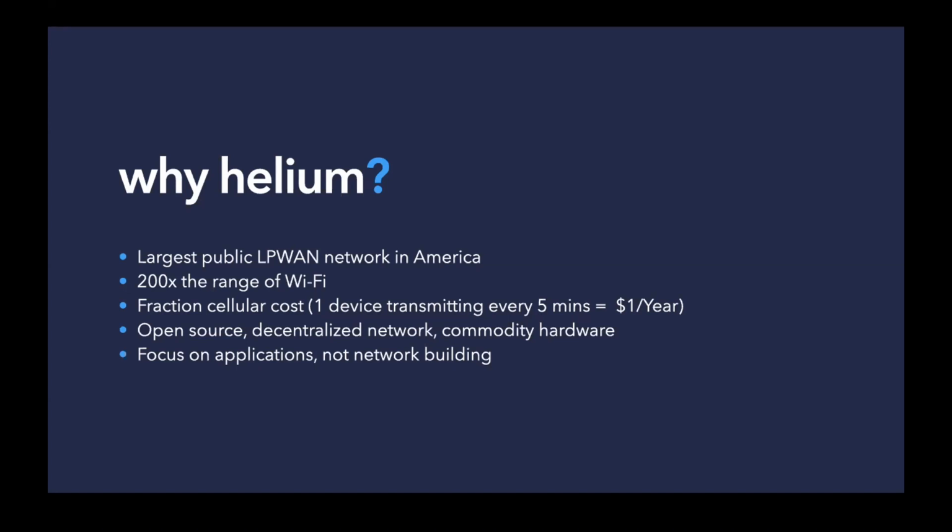There is no need also to buy SIM cards. And just to give you an idea, if you have a device that's transmitting every 5 minutes for 365 days of the year, at the end of that year, you'll only pay a little over $1. So this is quite different than anything that exists out there.